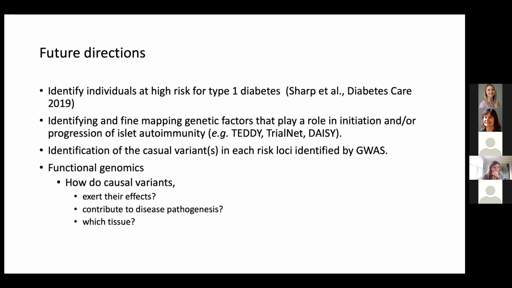So studies like TEDDY, TrialNet, DAISY, where they're following at-risk individuals as islet autoimmunity progresses, are looking at whether it is the same genetic factors that affect type 1 diabetes risk, or whether there are additional factors that play a role in initiation and progression of type 1 diabetes.